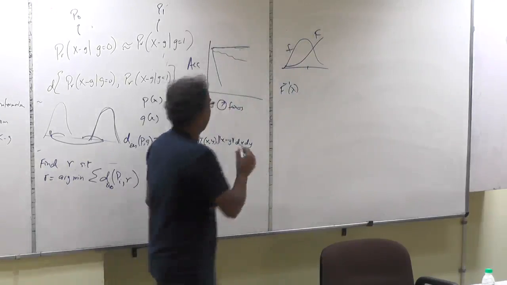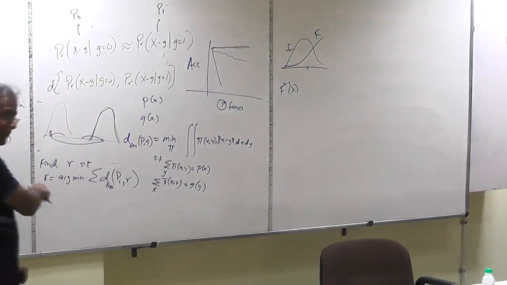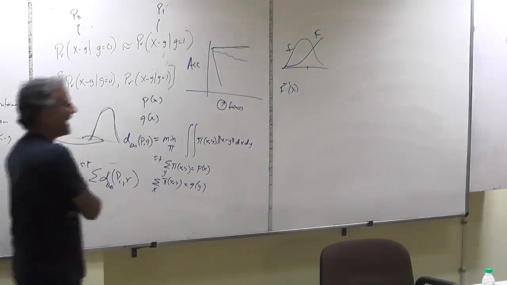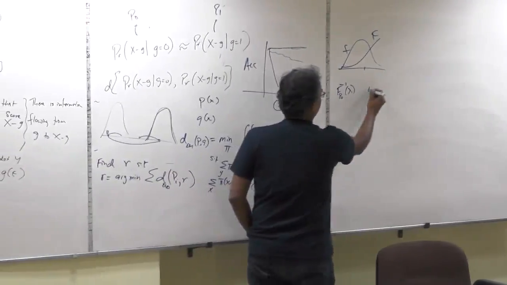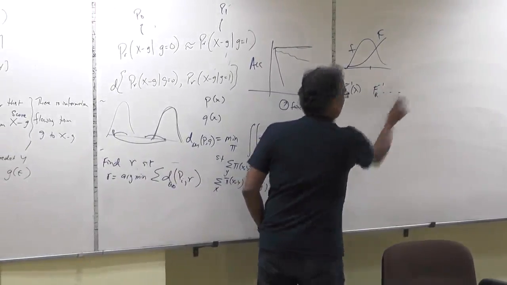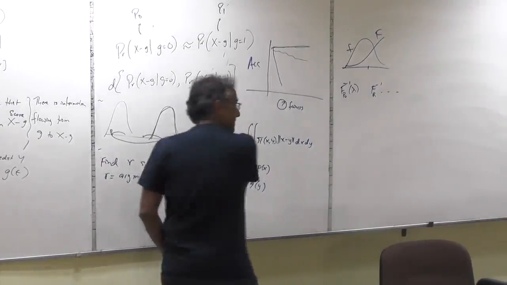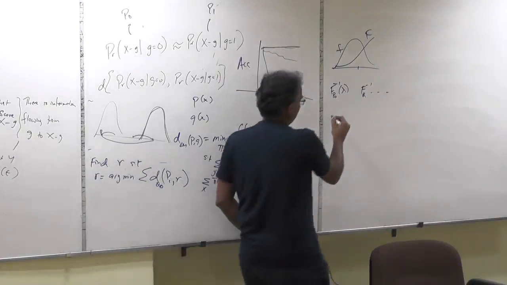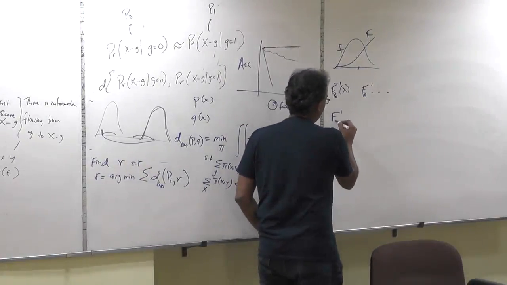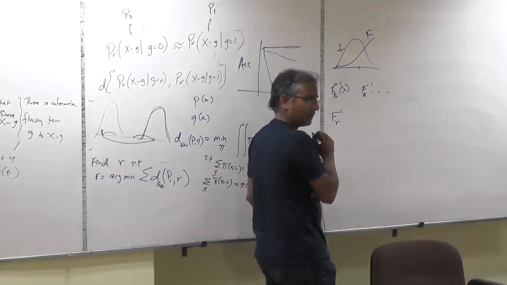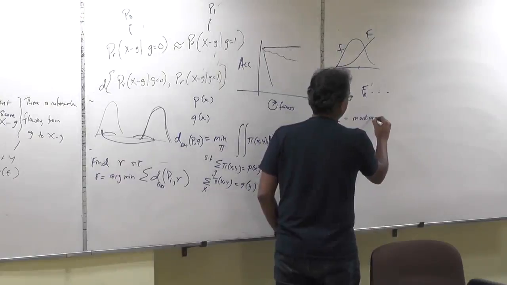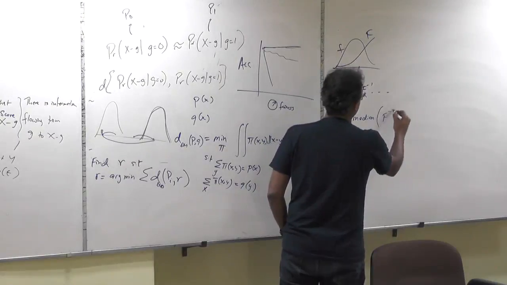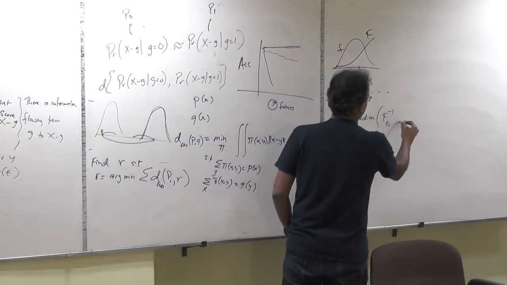It turns out that optimizing R for the Earth mover distance has a property. Let's say this is my distribution P0, and I have F inverse of P1 and so on. The property we can prove for R is that the inverse cumulative distribution of the target distribution R, the optimal solution, is equal to the median of all the inverse cumulative distributions.